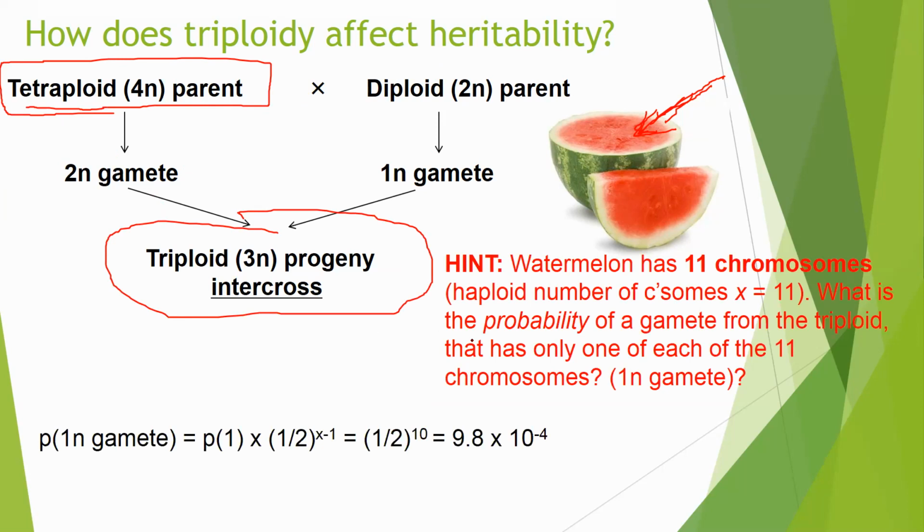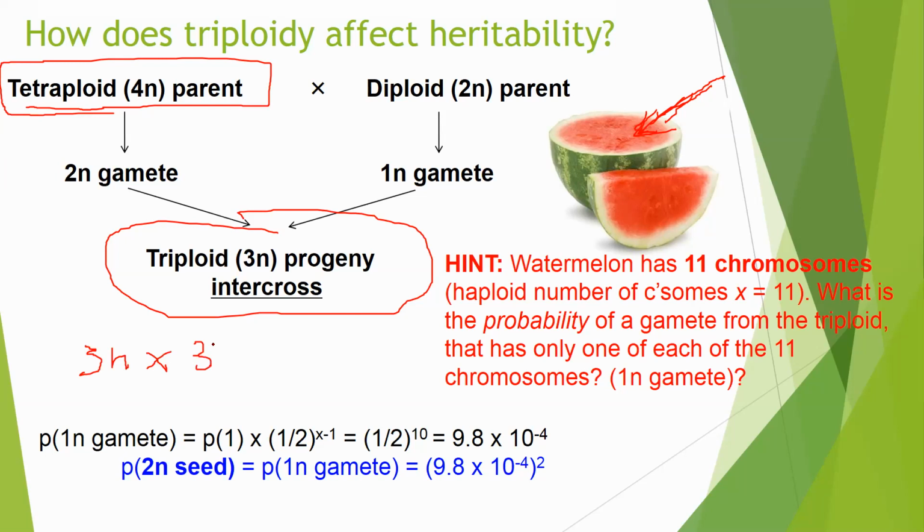Why? Because if we cross a 3N with another 3N, the only possibility to produce seed is that this parent will produce a 1N gamete, and this parent will also produce a 1N gamete, and then when these two 1N haploid gametes come together, this will produce the seed in the watermelon.